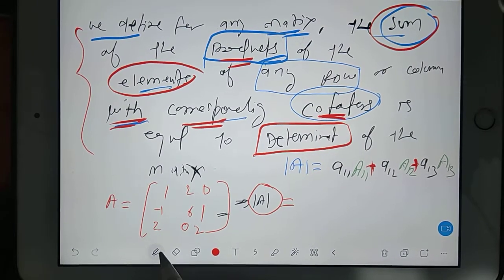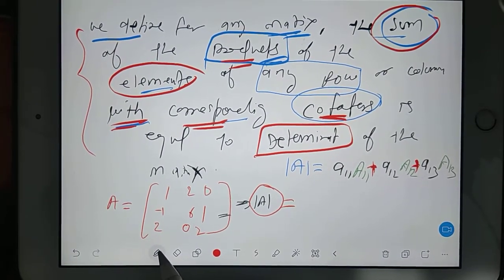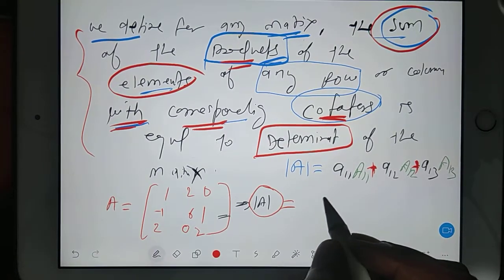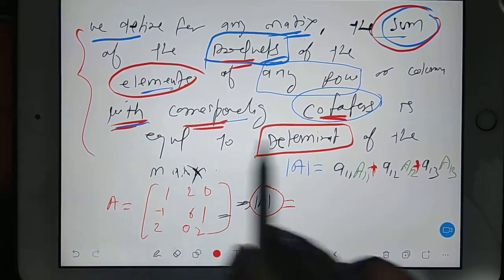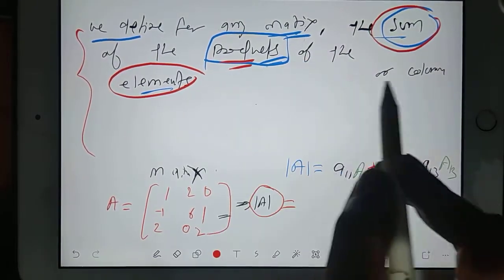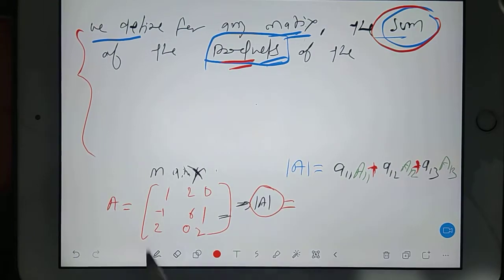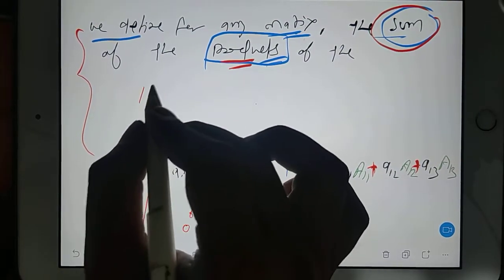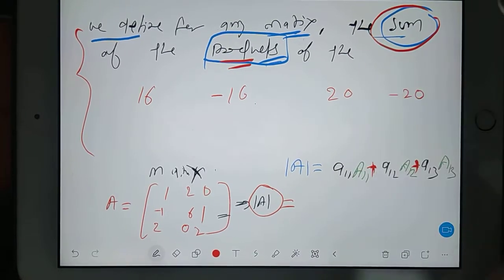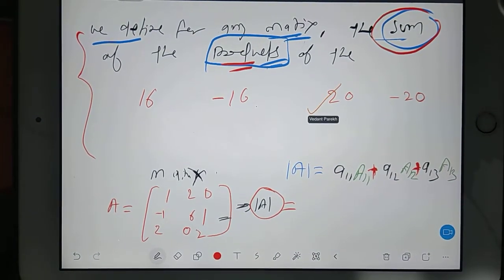Tell me. I am giving options here: 16, minus 16, 20, minus 20. Which option is correct?